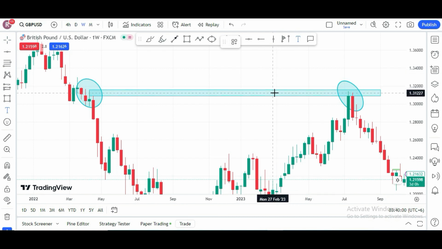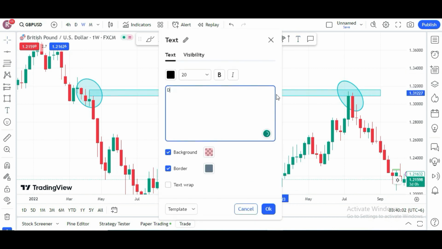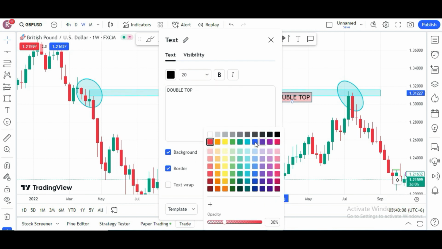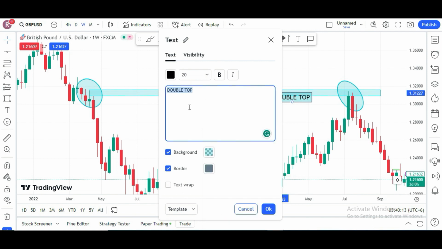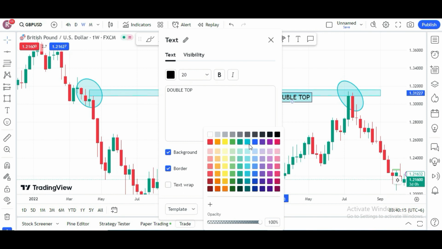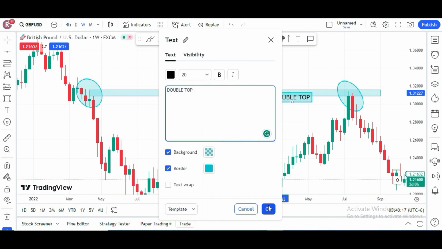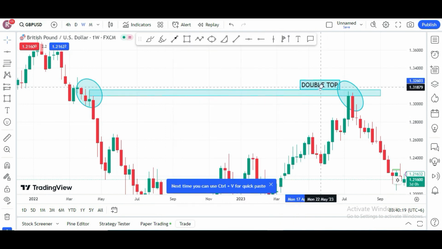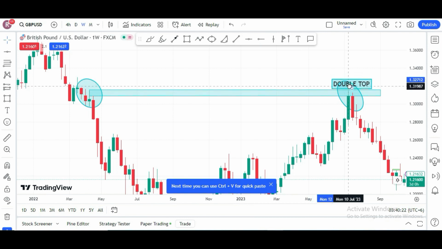So we can say it's a double top. So the double top is here.